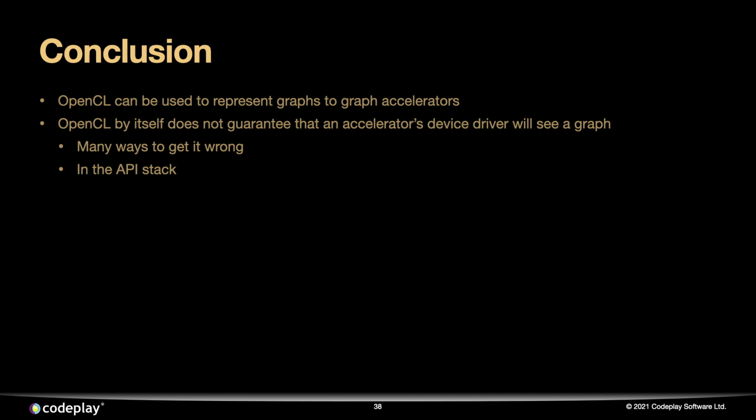So the API stack I showed you is quite good at converting the execution graph into something that OpenCL understands. But it's also possible to have an API stack that doesn't do this well and that hides graph information from OpenCL. And also it's possible to get this wrong in the OpenCL implementation. So you could have a graph accelerator and you could have a graph that's visible to OpenCL, but OpenCL just doesn't do the correct thing, dispatching the graph to the device.